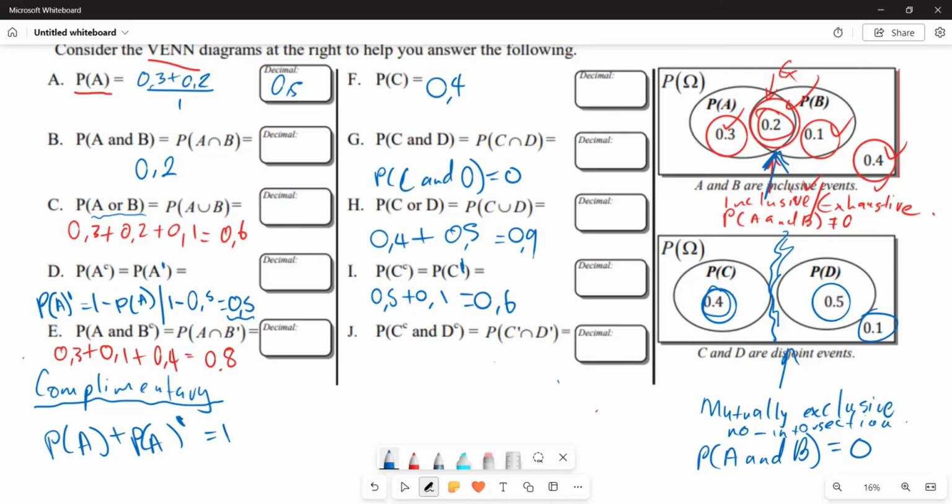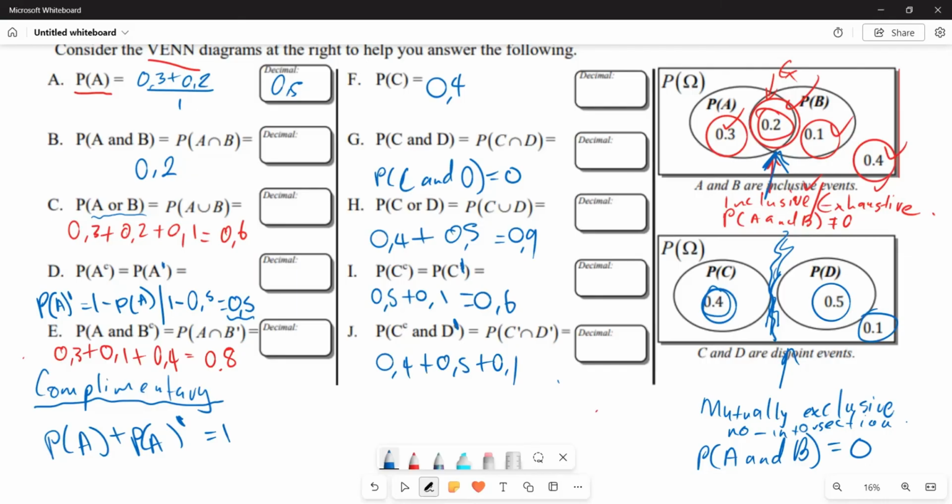Then let's look at the last one now. They want you to find out the probability of not C and D. Since you are not having anything here, the probability of not C and D is going to be 0.4 plus 0.5 plus 0.1 altogether, because we want everything except for the intersection.